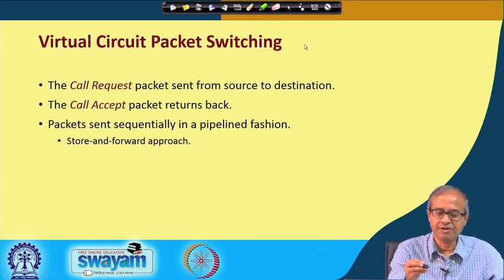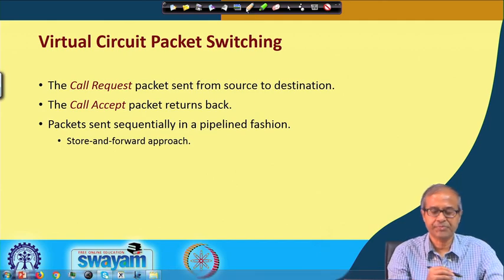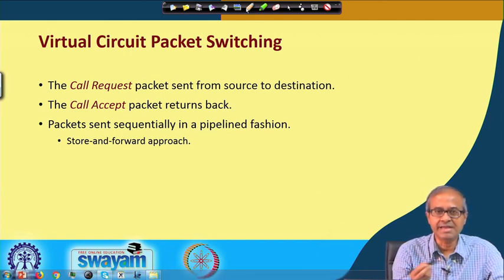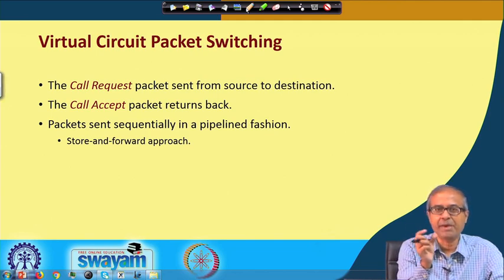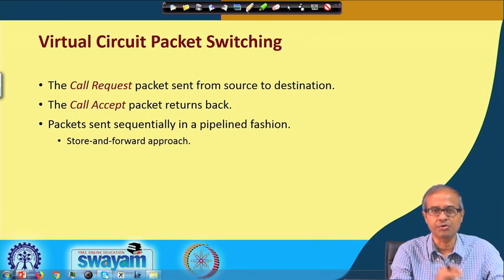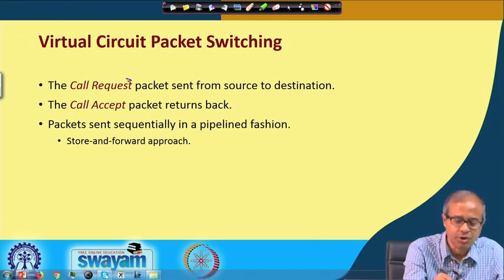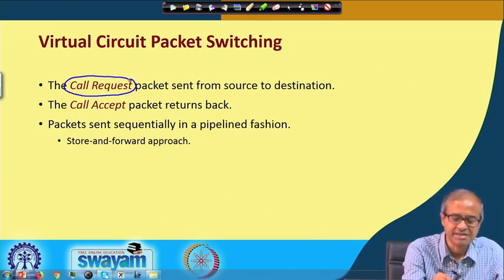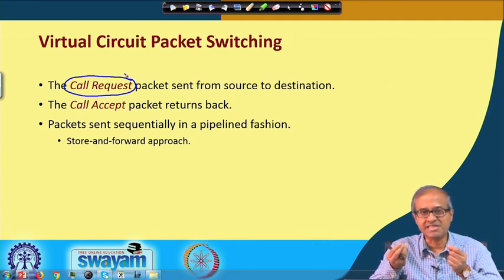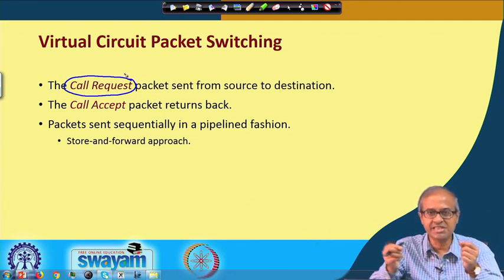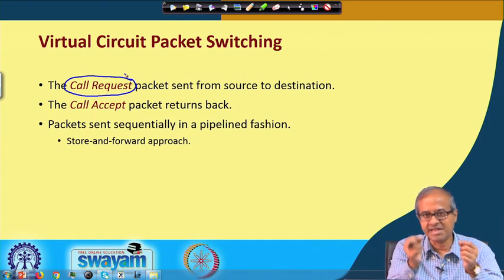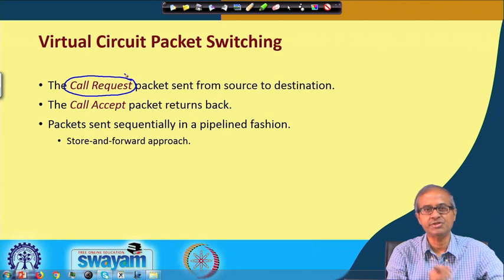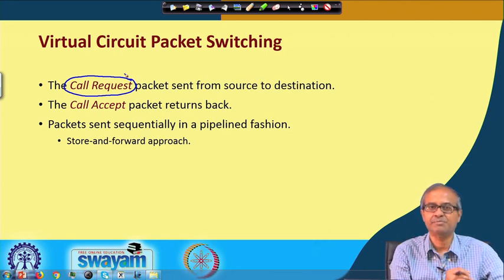Now, talking about virtual circuit, well, during the initial virtual circuit establishment phase, a special packet is usually sent. I have not gone into the detail, which is called call request packet. This call request packet is responsible for establishing the virtual circuit and setting up the routing tables of all the intermediate nodes corresponding to this particular virtual circuit number. Okay.